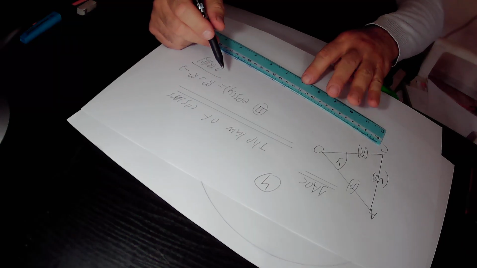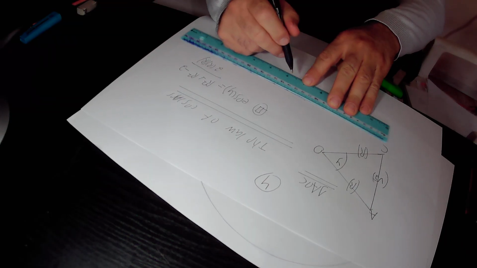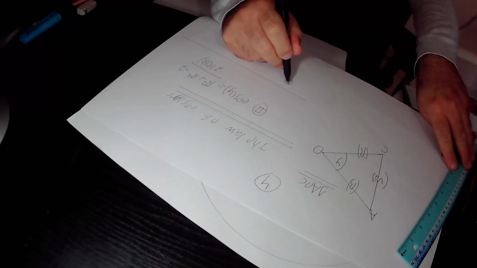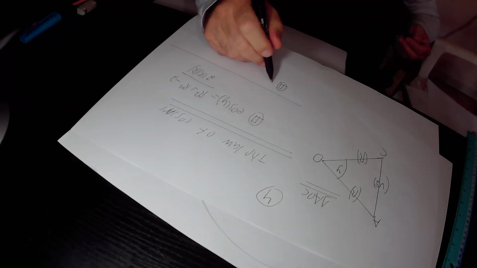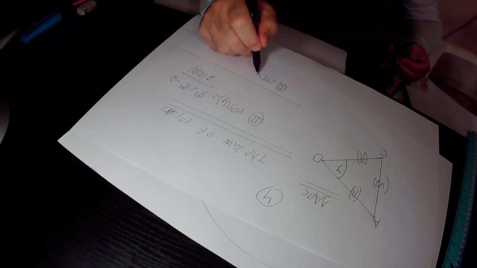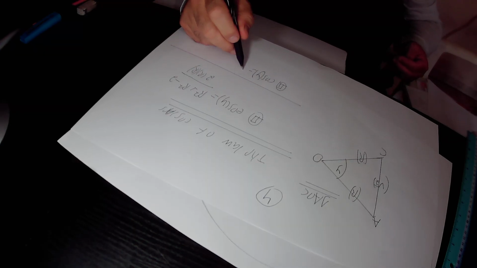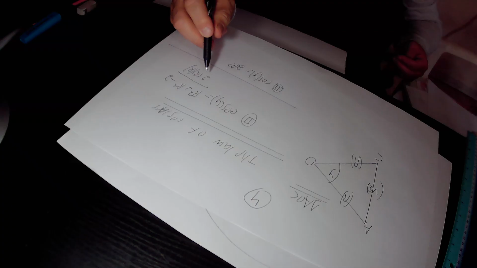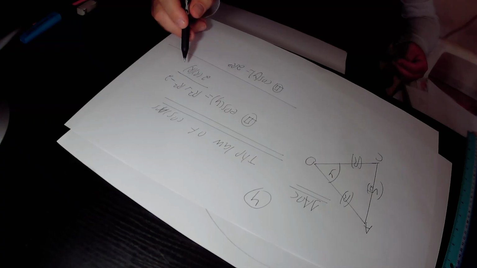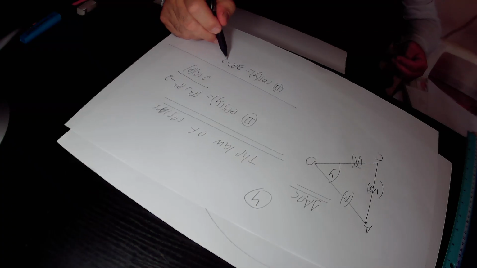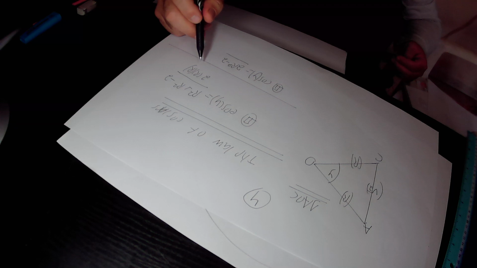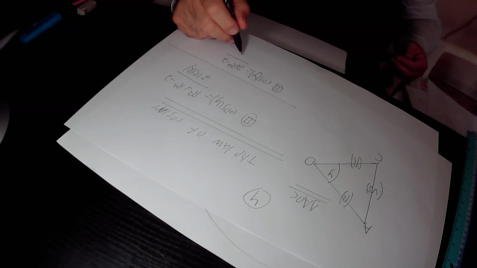According to this equation 2, cosine y equals R squared plus R squared, which is 2R squared. So the numerator of this expression is 2R squared minus 2, divided by 2R squared.